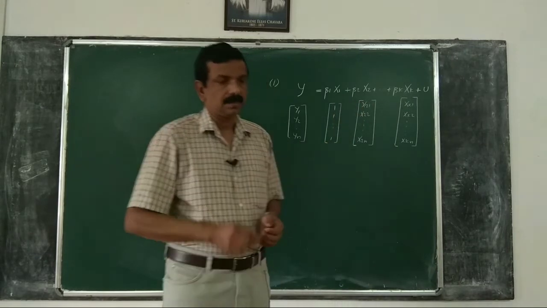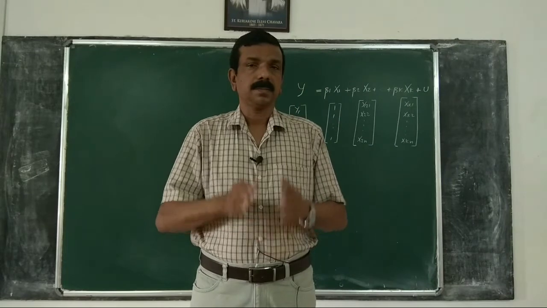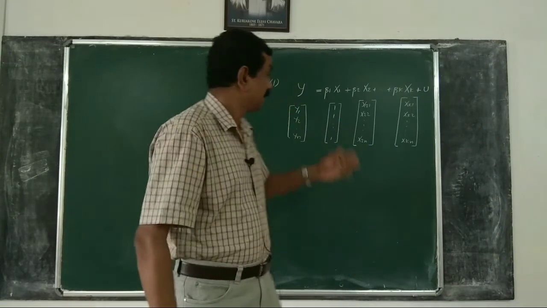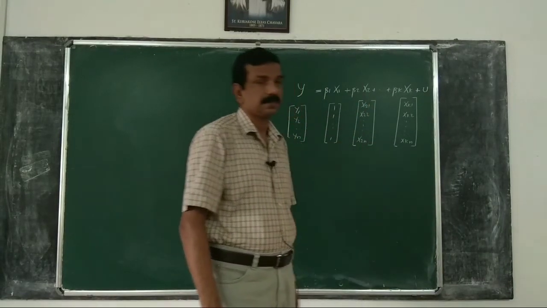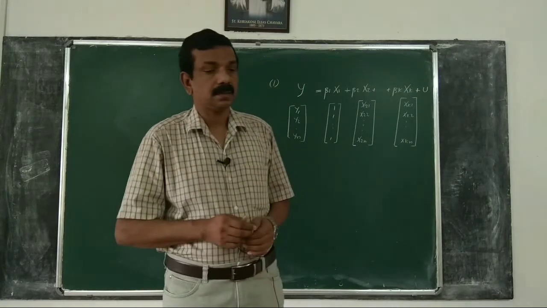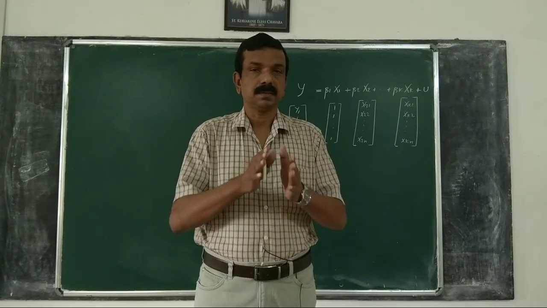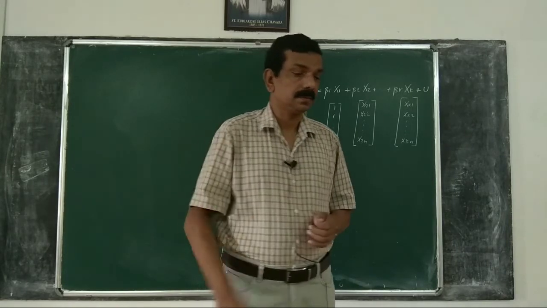So, the vector of observations on Y can be expressed as a linear combination of observations on explanatory variables x plus the disturbance vector u.